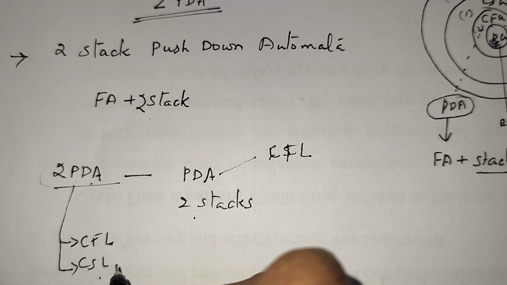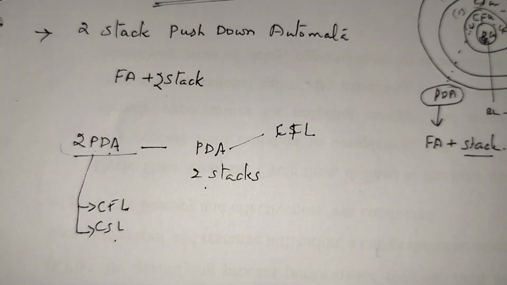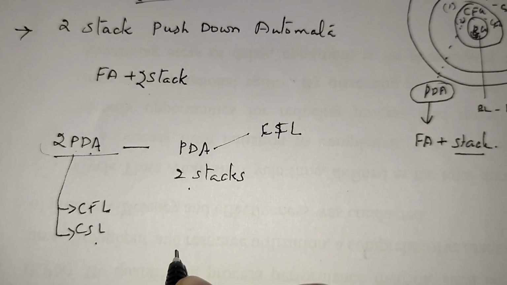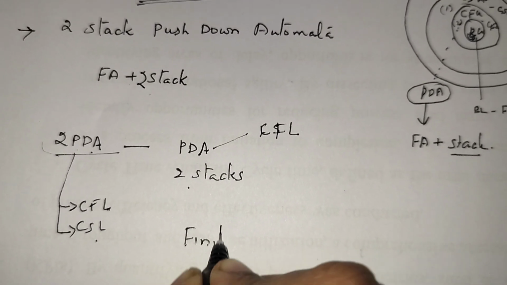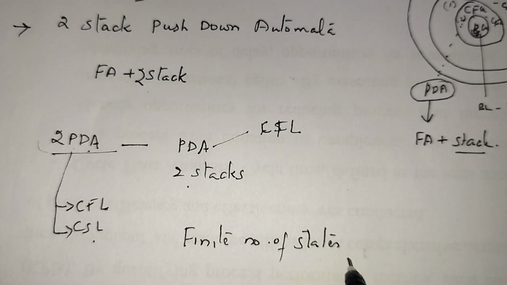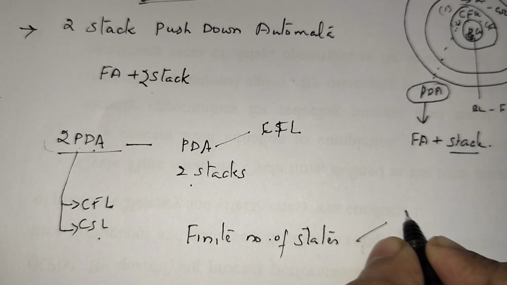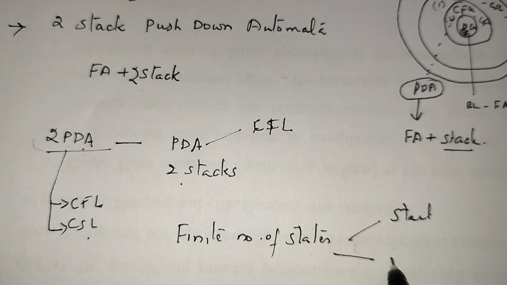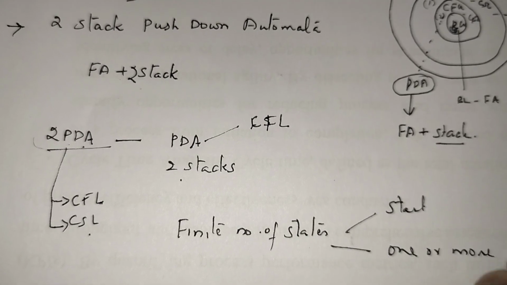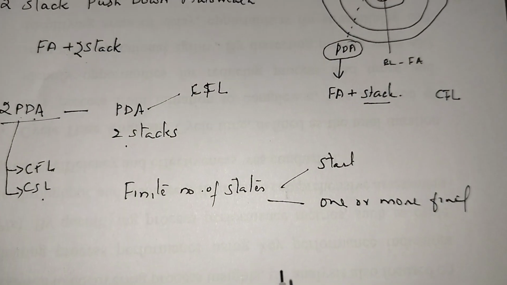Like a standard PDA, a 2 PDA consists of a finite number of states including a start state. So it contains a start state and one or more accepting states, final states.